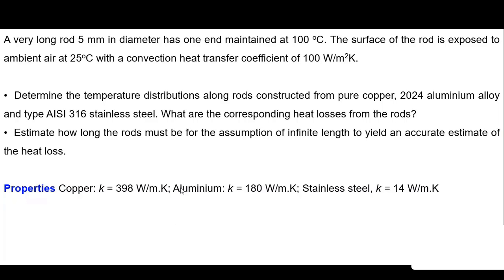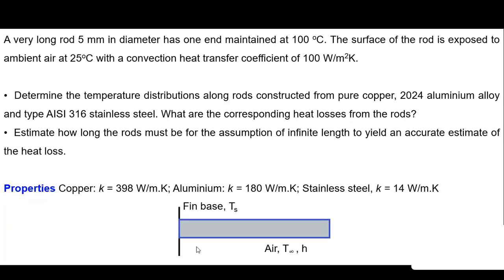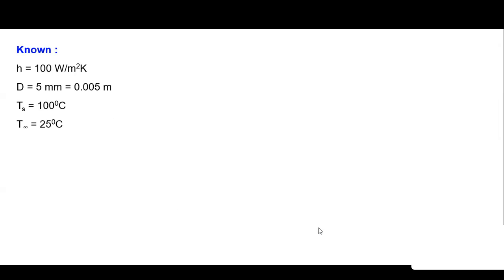Which is the best material? It is copper, of course. If you draw the fin, once again the same type of picture because it is the same type of rod, 5 millimeter diameter, 100 degrees Celsius. But in this case, we do not have the length. So let us assume that it is a fin with infinite length. What are the known things?